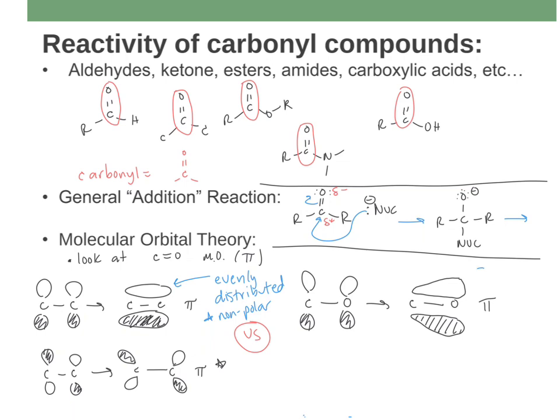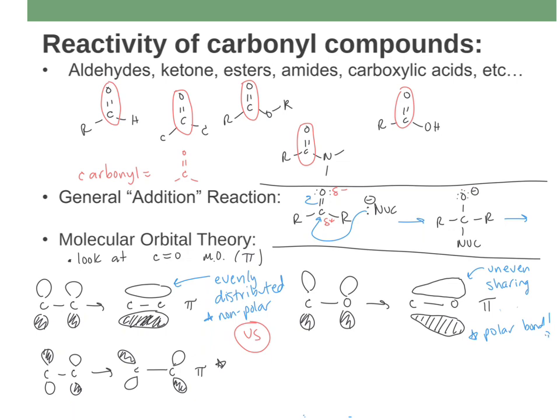It's an unequal, uneven sharing. I don't want to draw a star too close to that pi. That's not a pi star, it's just a regular pi. What that means is that this leads to a polar bond.